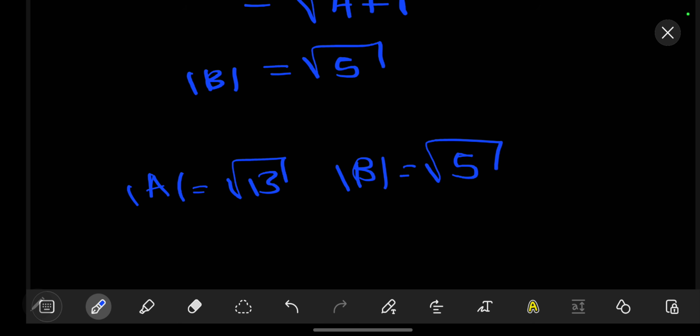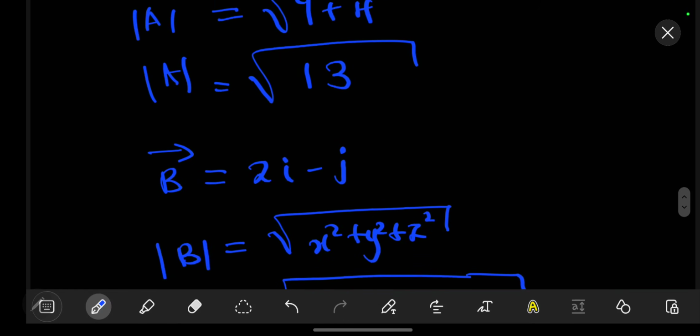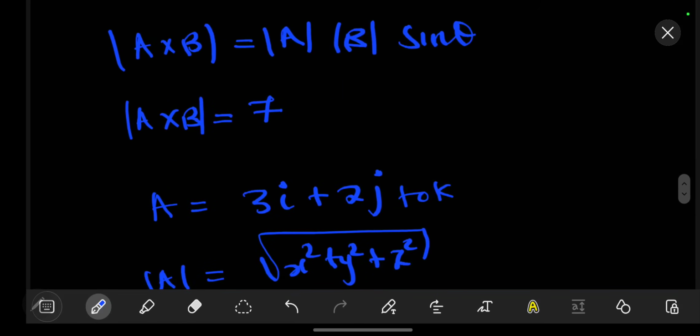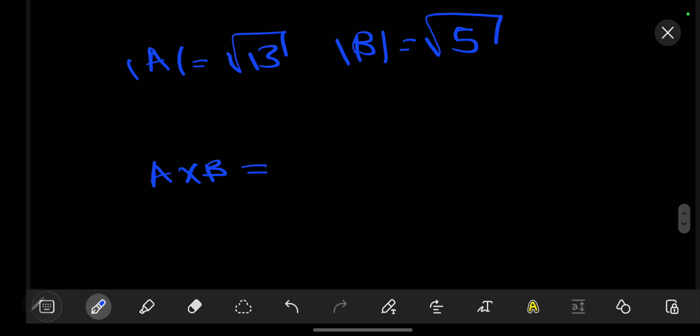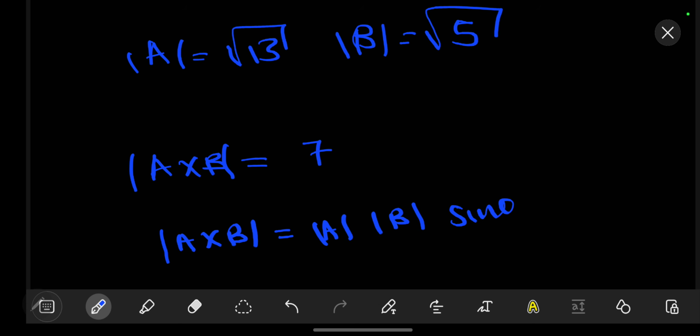We know that the magnitude of A cross B is 7. So we can use this: the magnitude of A cross B is equal to the magnitude of A times the magnitude of B times the sine of theta.